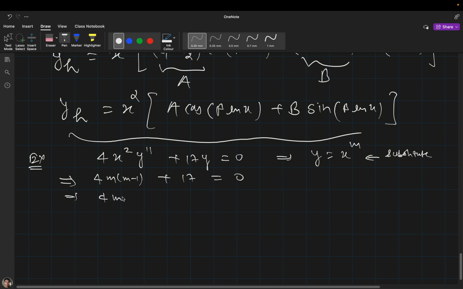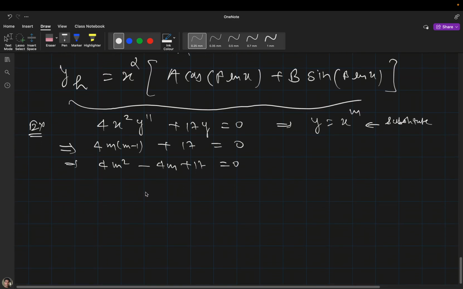So that will be 4m square minus 4m plus 17 equal to 0. Now you can see that the roots will be complex: 1/2 plus 2i, and another root 1/2 minus 2i.